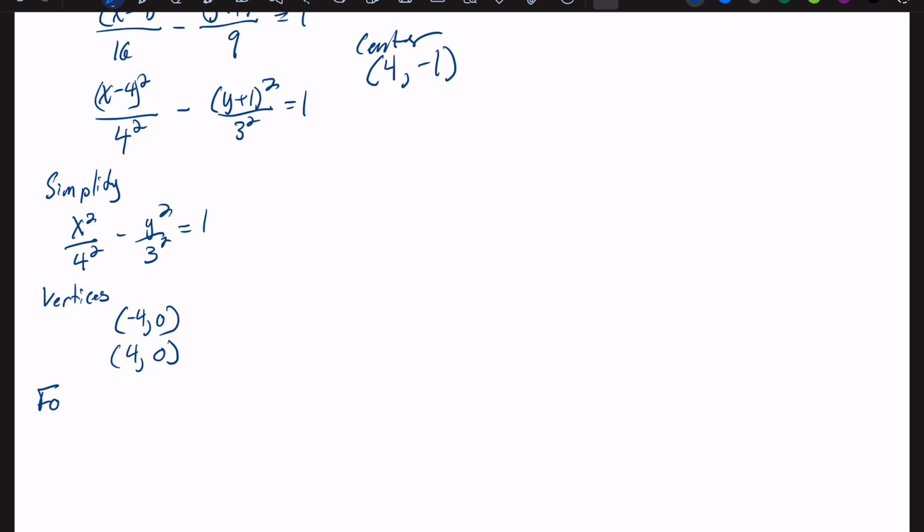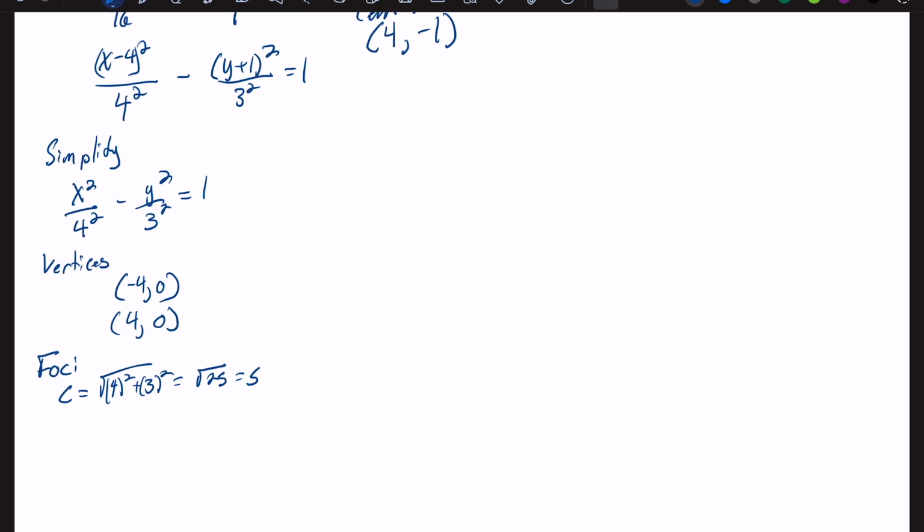Our foci, since there's two of them, well, we need to find c real quick. So c is equal to the square root of 4 squared plus 3 squared. That's the square root of 25, which is 5. So our foci would be (-5, 0) and (5, 0).